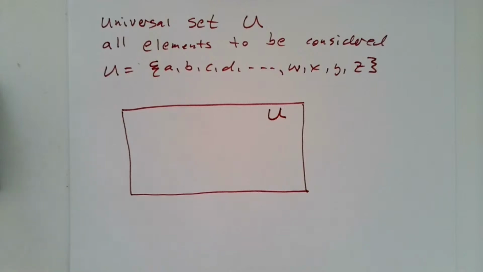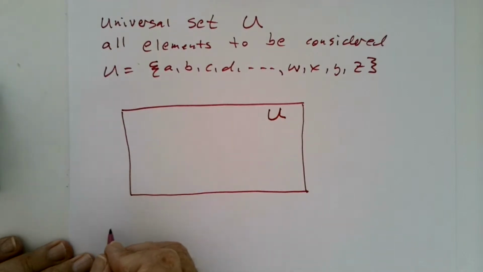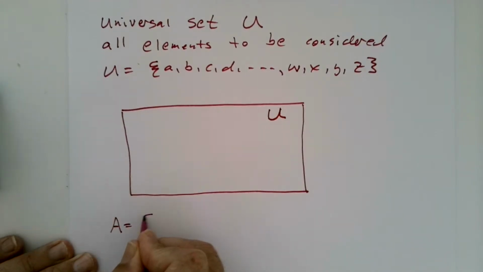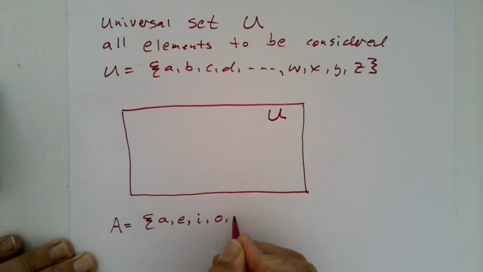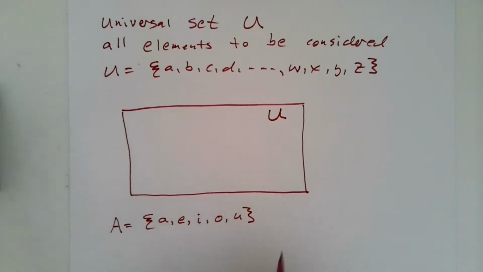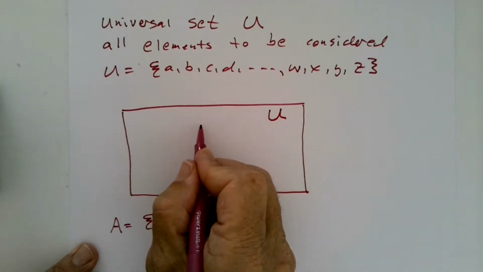Now let me define a subset A. The subset A will consist of the vowels little a, little e, little i, little o, little u. So we use capital letters to represent sets like U and A, little letters often to represent elements of sets. That's kind of the standard notion.